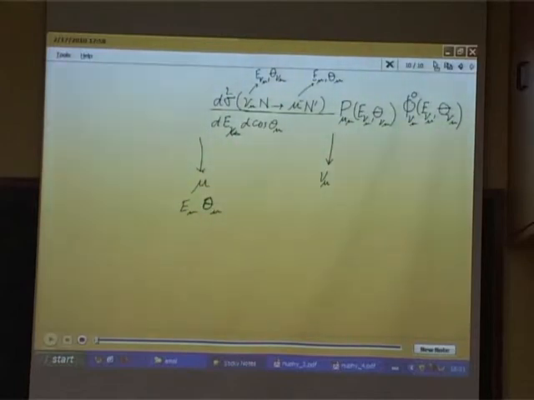All this information is going to be contained in this differential cross section. So this is a very important point. Differential cross section. It depends on all these factors.